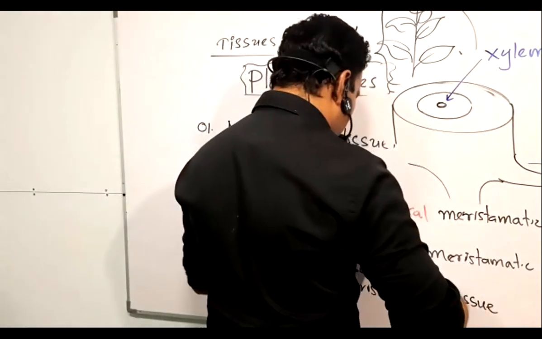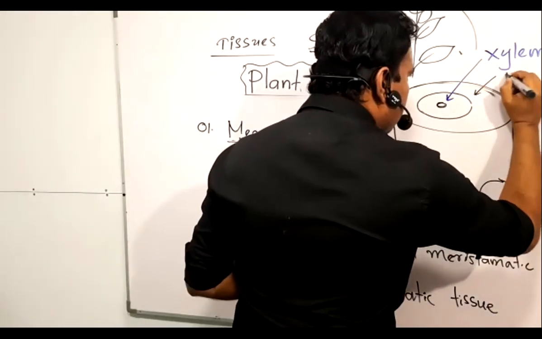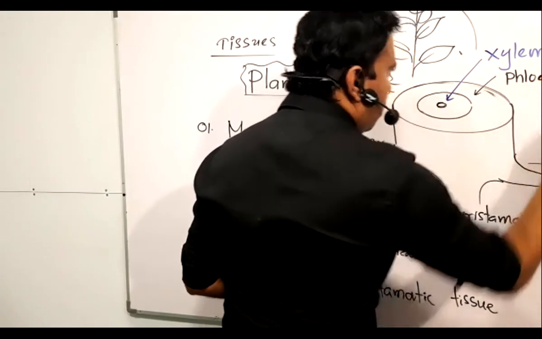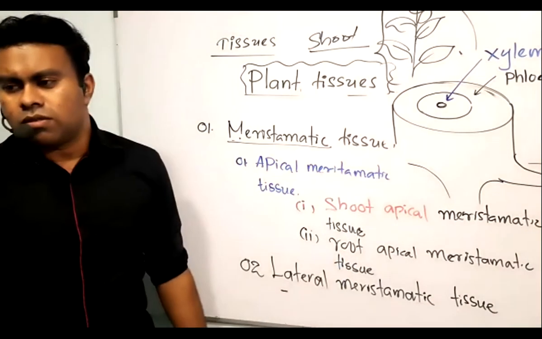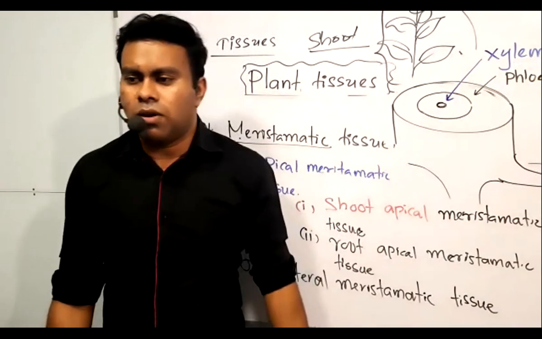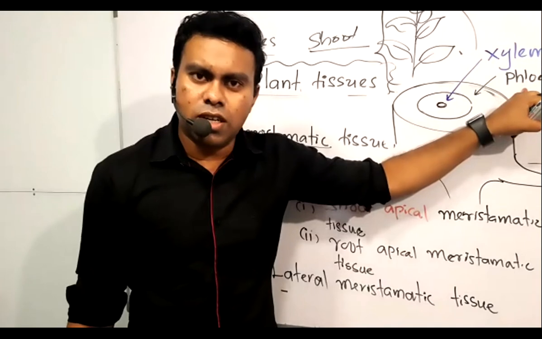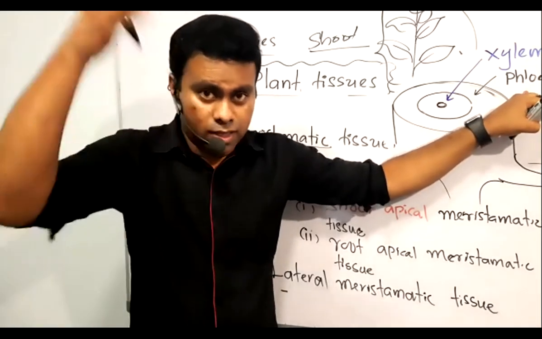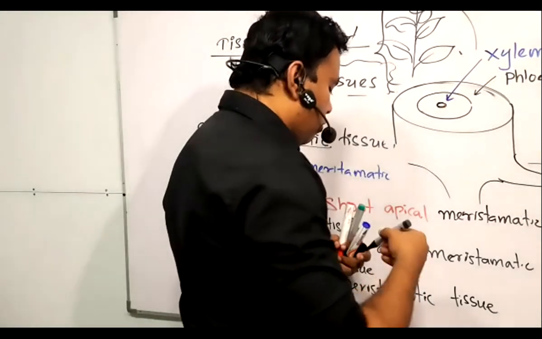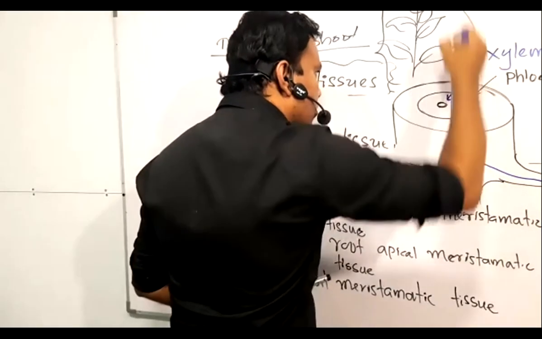This part is known to be phloem. Phloem and xylem. Phloem is specialized to translocate food in both directions, but xylem translocates water only upward, like this.